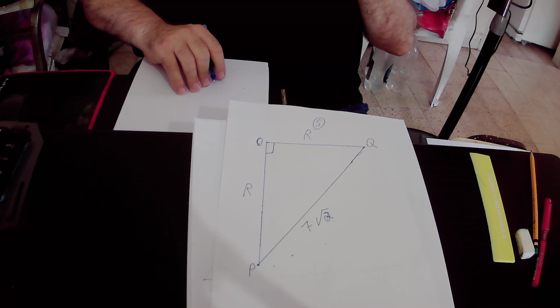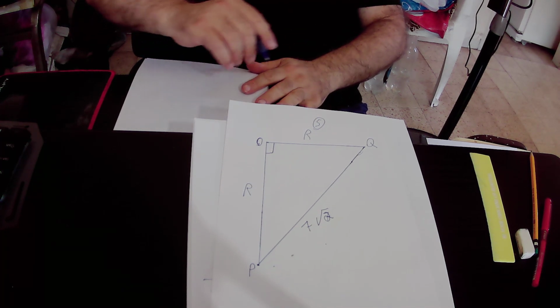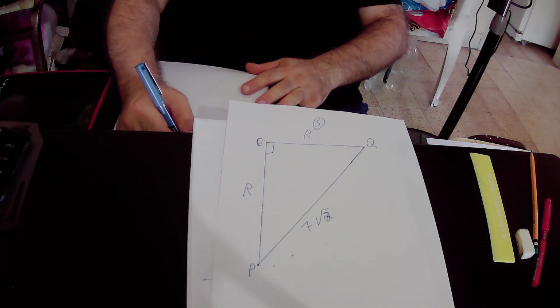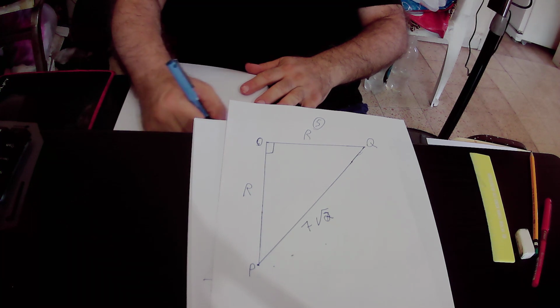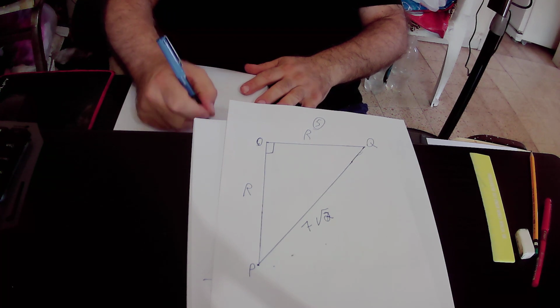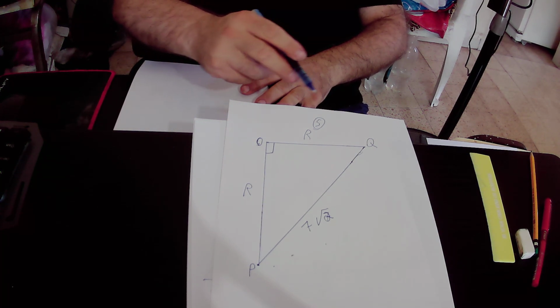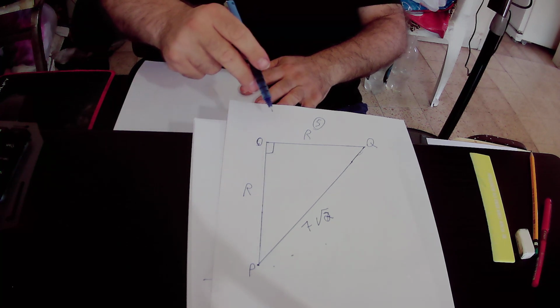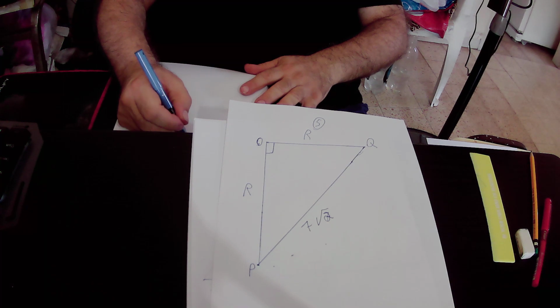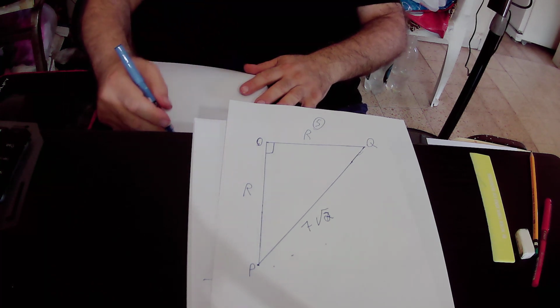Okay, so according to the Pythagorean theorem, we can say that PQ squared, the square of the hypotenuse, equals the sum of the squares of the perpendiculars, that is to say OQ square plus PO square.